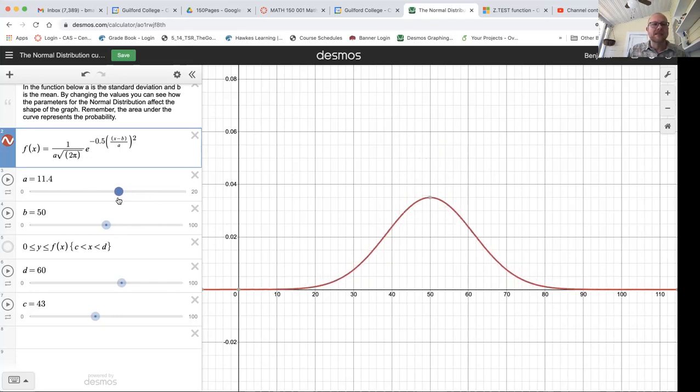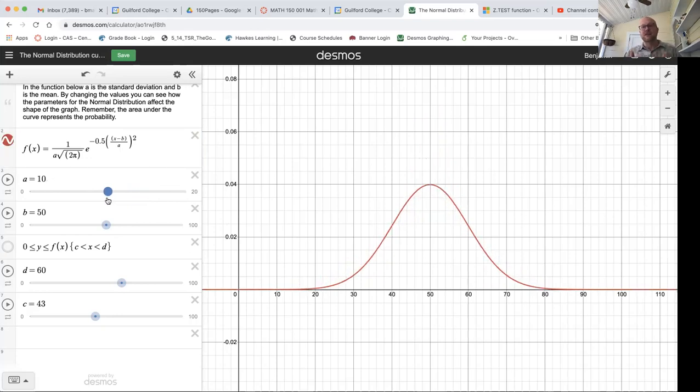That accommodation is because it has to have an area of 1. In order to keep the area being 1, if it gets skinnier, it has to get taller. Kind of like if you've ever squeezed a water balloon, it squeezes out one end.